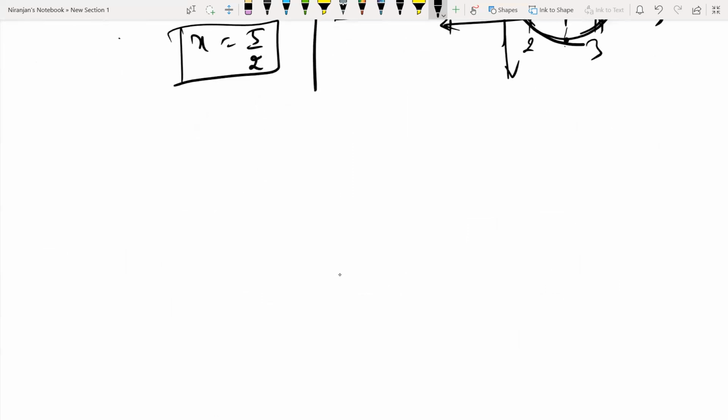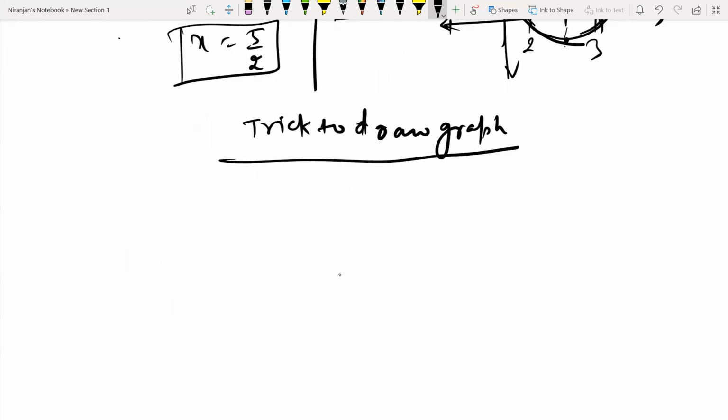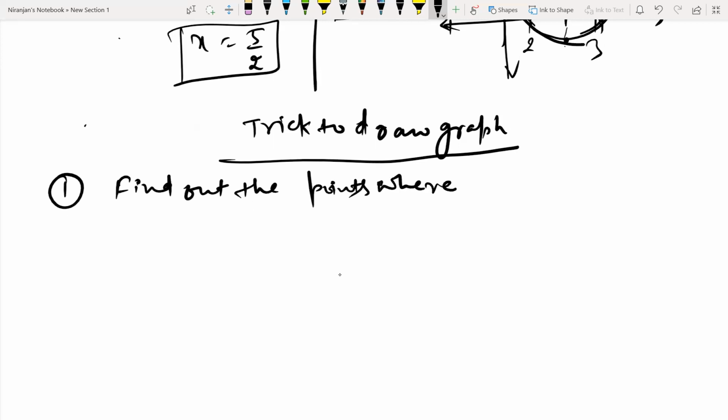So, how to draw a graph quickly? In general, if you have a function, first find out the points where this function would not exist.